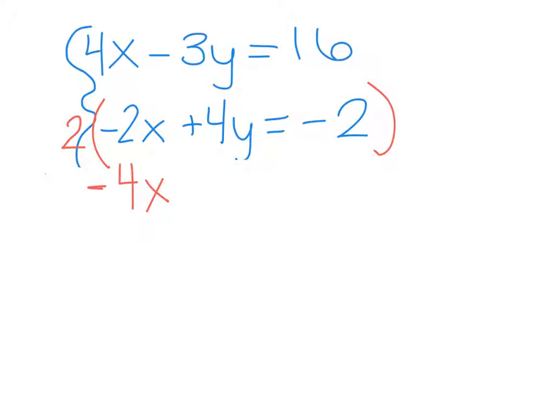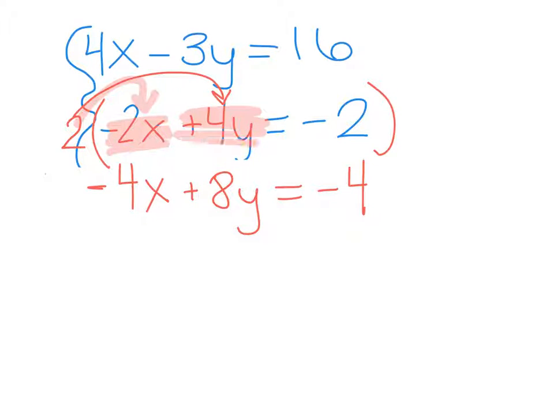So I'm going to continue creating this equivalent equation. I did 2 times 2x. So let's do 2 times 4y is going to give me 8y. And then 2 times negative 2 is negative 4. For the sake of equivalence, I need to multiply this 2 times every term here. I have doubled it.